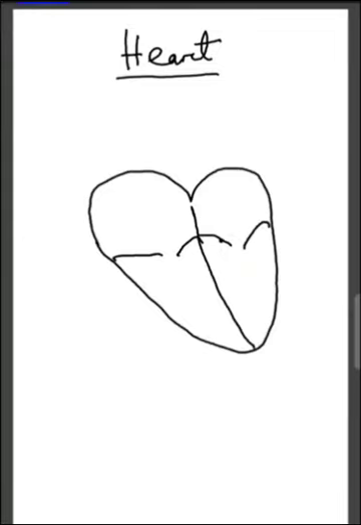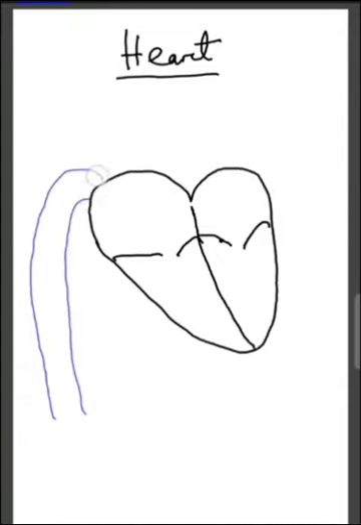The upper one is called atrium, that is right atrium and left atrium, and the lower part is called ventricle, so right ventricle and left ventricle. There are communications between right atrium and right ventricle and between left atrium and left ventricle. These are called atrioventricular foramen.